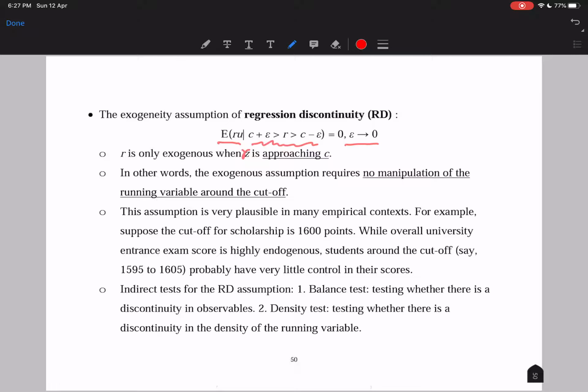Students are not able to bump up their SAT score a bit around the cutoff. The student cannot decide whether they want to get a score of 1600 or 1595.